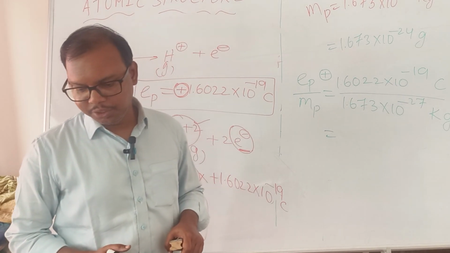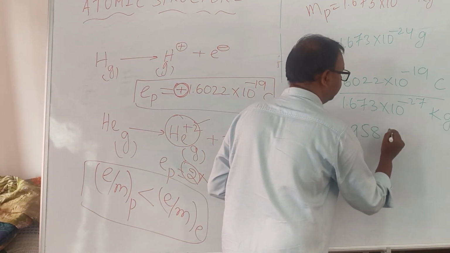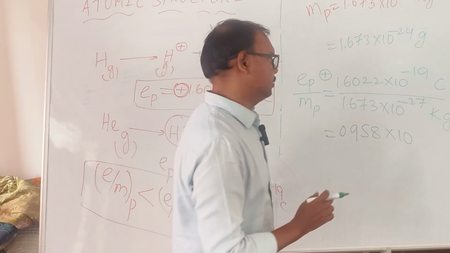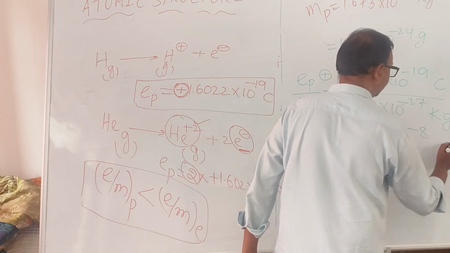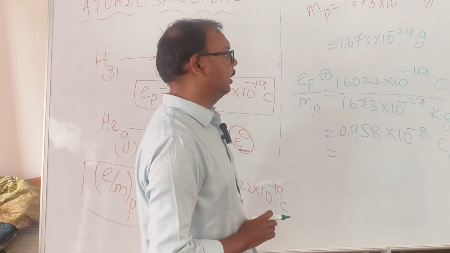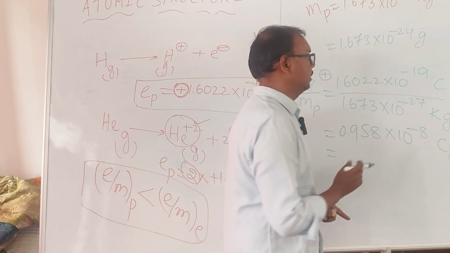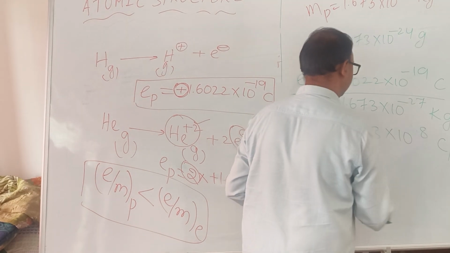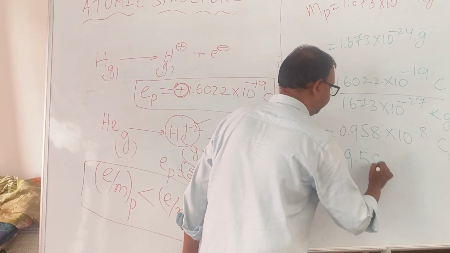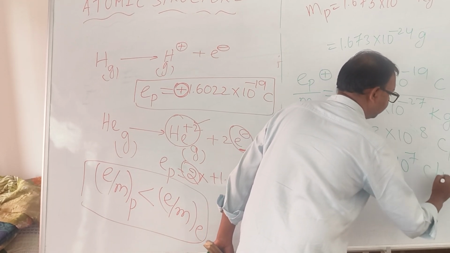How much can it be? 0.958 into 10 power, how much does it become? Minus 27 goes up to plus 27, and 27 minus 19 is plus 8. So it is 9.58 into 10 power 7 coulomb per kg.